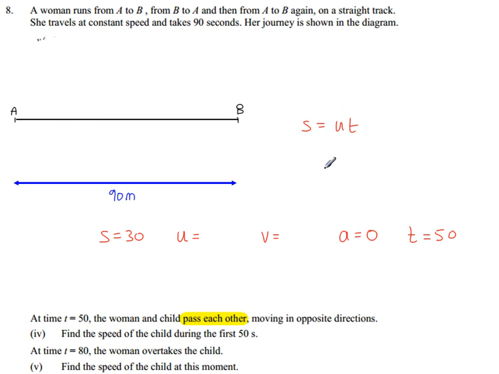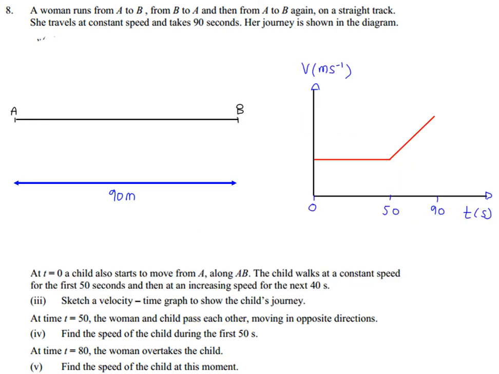So 30 meters traveled, u is what we're looking for, multiplied by 50. So u is equal to 3/5 or 0.6 meters per second. After 50 seconds, we know that the child's speed is increasing, so there's acceleration.